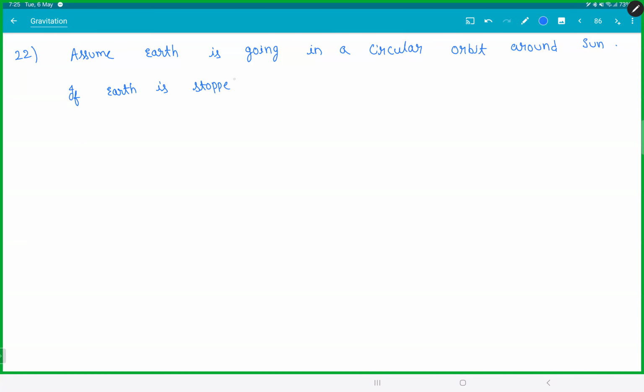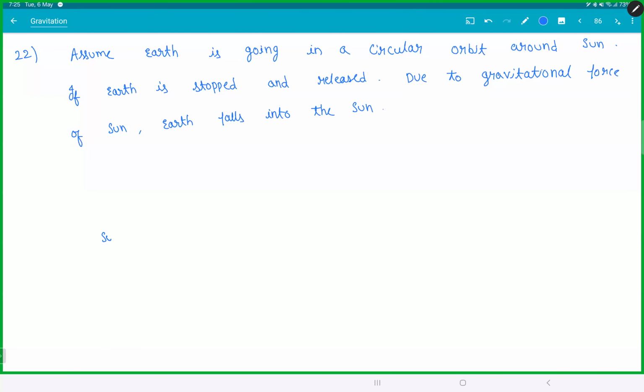If Earth is stopped and released, due to the gravitational force of the Sun, the Earth falls into the Sun.